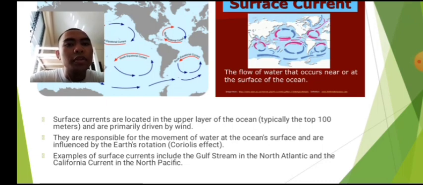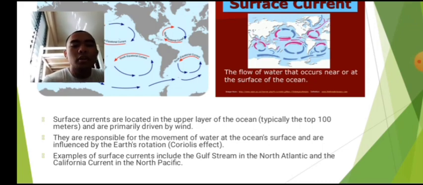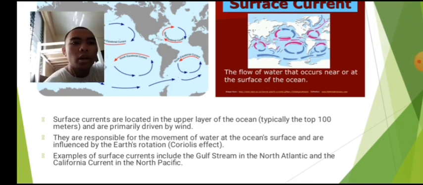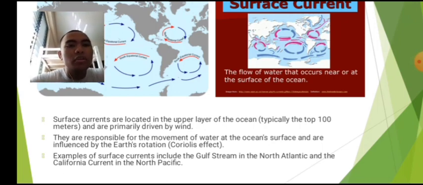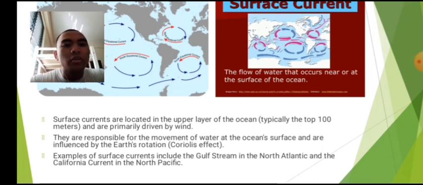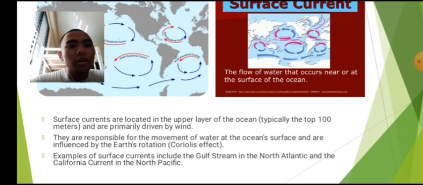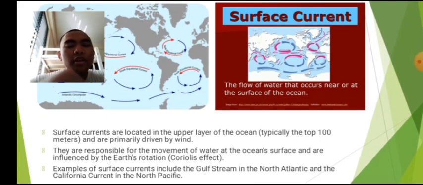They are responsible for the movement of water at the ocean surface and are influenced by the Earth's rotation, also called the Coriolis effect. Examples of surface currents include the Gulf Stream in the North Atlantic and the California Current in the North Pacific.